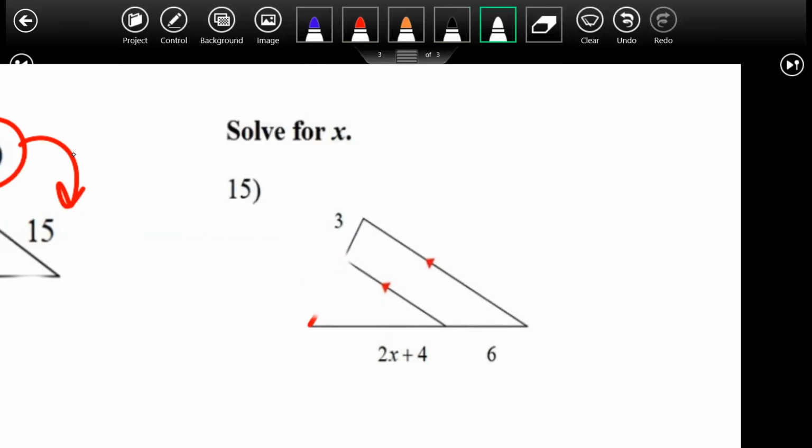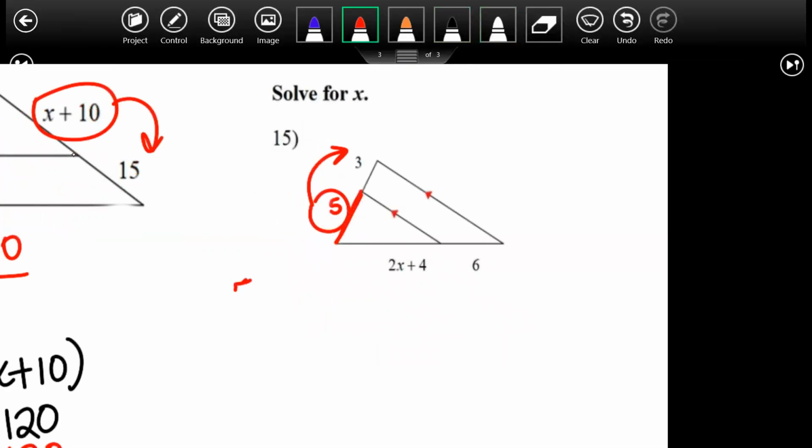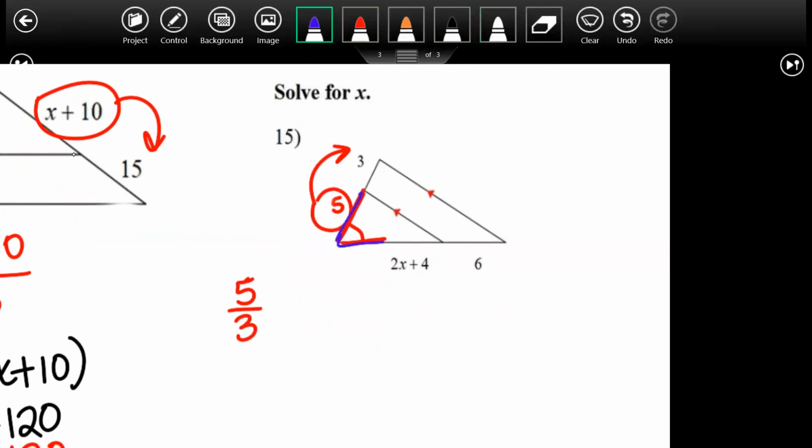We're going to do 5 over 3. Not that way. We're going to do from the angle that it opens up. Still going to cross multiply.